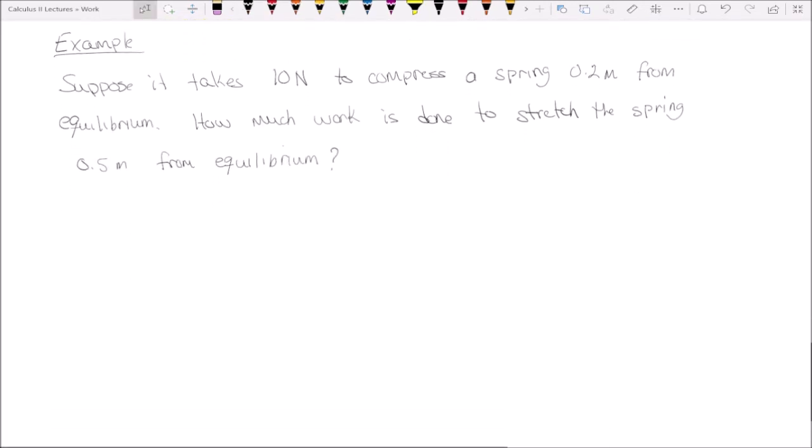Right. Well, the first thing you have to do is determine the spring constant. So recall that f of x is k times x. So what we're going to get is 10 newtons is equal to k times negative 0.2 meters. And we're compressing, so the force is negative.